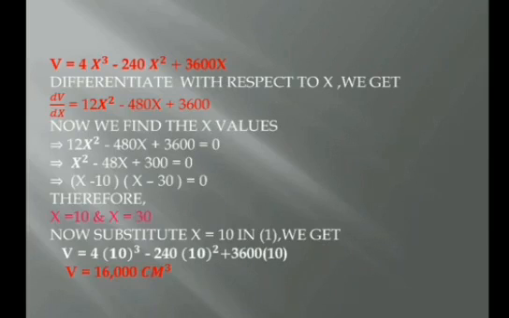We get V is equal to 4 of 10 cube minus 240 of 10 square plus 3600 of 10. Finally, simplifying each term, we get volume V is equal to 16,000 centimeter cube.